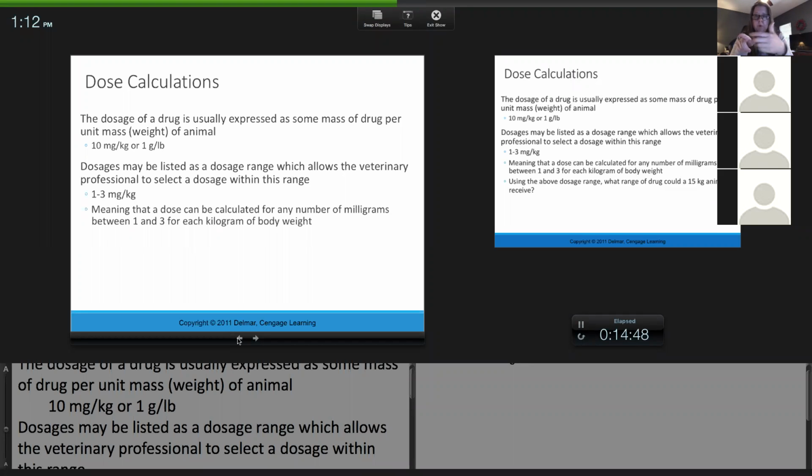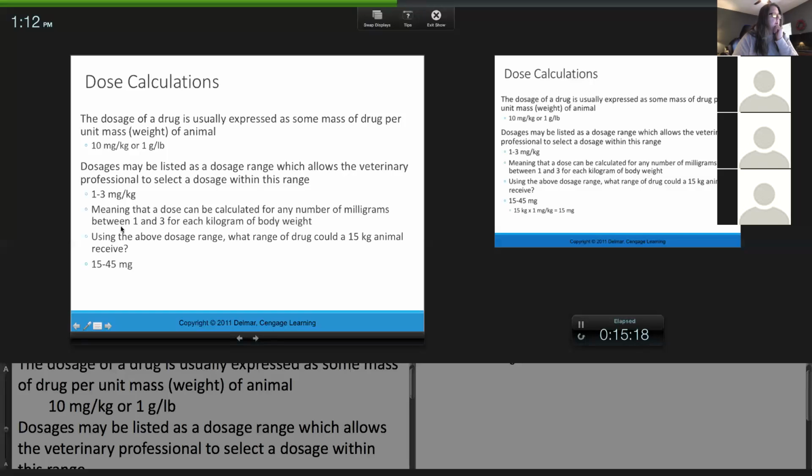The veterinarian is going to help you pick. There are patient factors that help us determine that. The doctor is not going to say, let's do 1 to 3 mg per kg. The doctor will tell you which one: 1 mg per kg, 2 mg per kg, or 3 mg per kg. That is their job, to tell you where in that range. But if we had a range, what would a 15 kilogram animal receive?